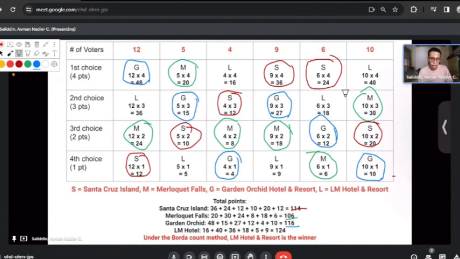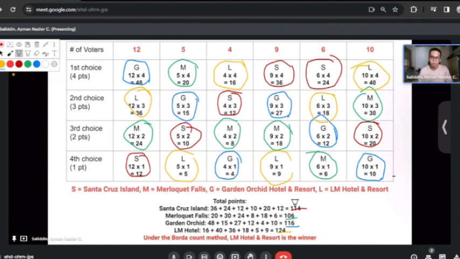And lastly, LM, we have 16 plus 40 plus 36 plus 18 plus 5 plus 9, a total of 124. Under the Borda count method, LM Hotel and Resort is the winner because we have 124 points, so it's more than the others.